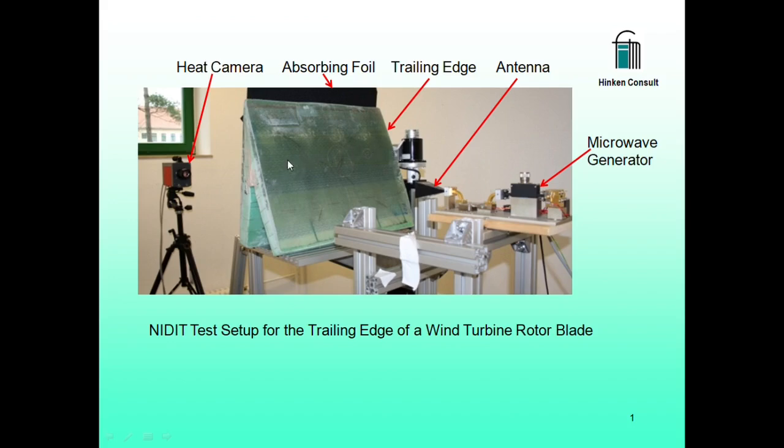The sample is moved horizontally between the fixed antenna and the camera. Therefore, the sample is mounted on a moving stage. A thermal video is recorded, and in this test region the DUT is approximately 200 millimeter thick.